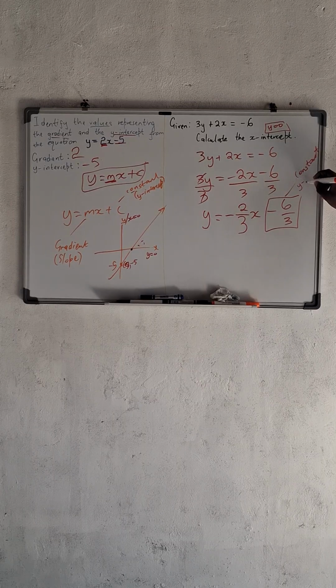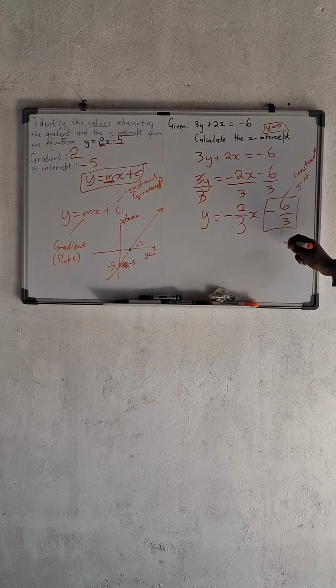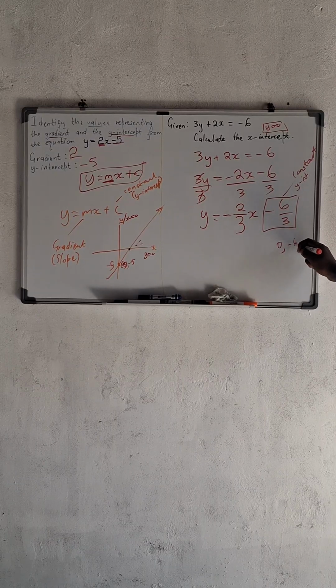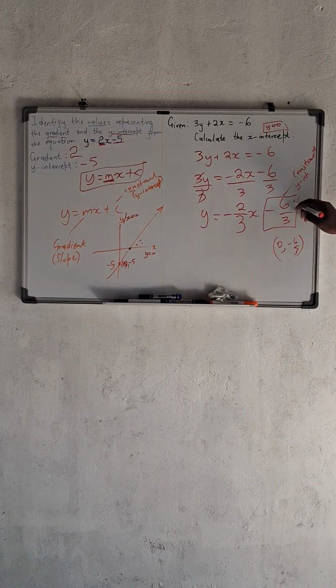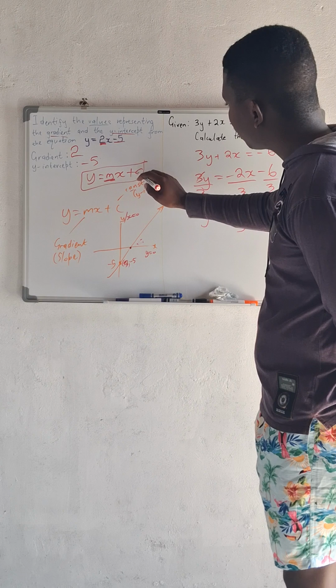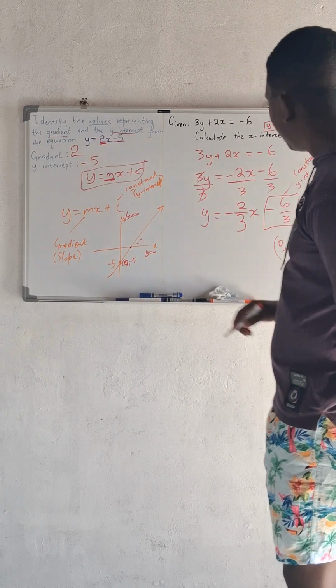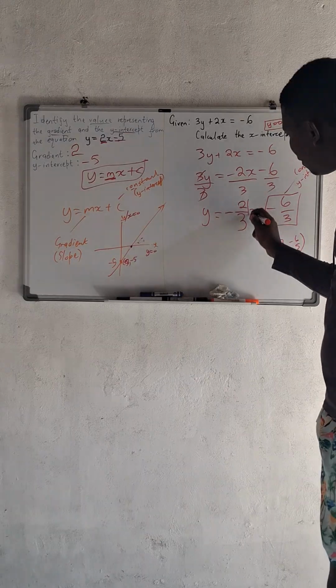This is the y-intercept. This graph will cut at 0, -6/3. No matter what, this graph will cut here. Remember, this is the y-intercept. Like we said here, this value stands for the y-intercept, the constant. But this one, I'm interested in this one.